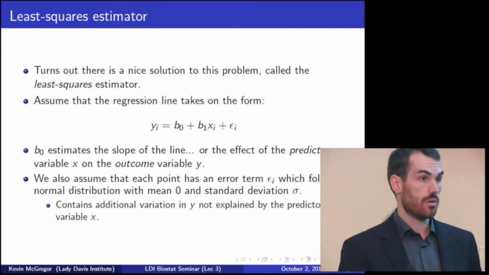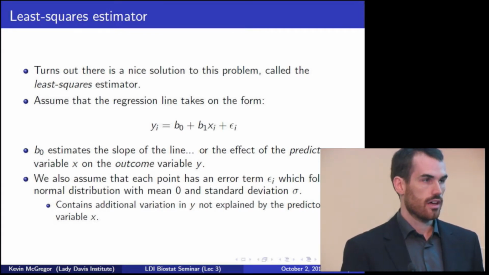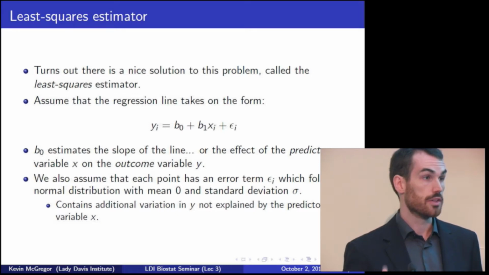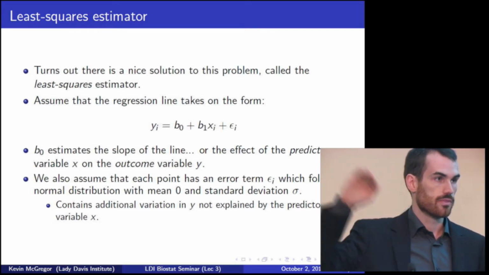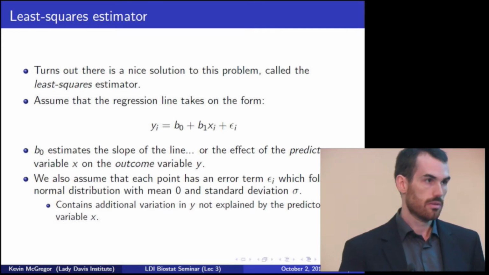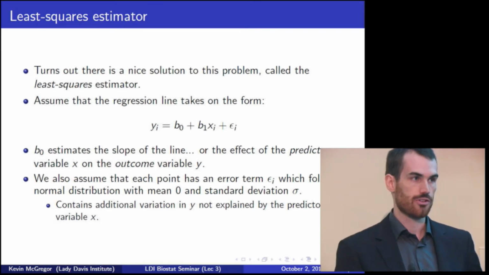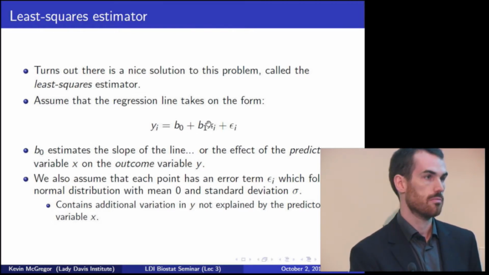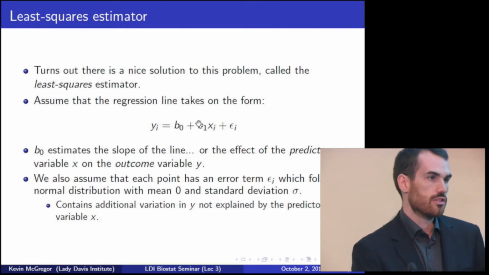Well, if you look on the log scale of your y variable, then increasing your x variable by 1 unit would multiply your y value. So you're going to end up with an exponential relationship. But it's still linear regression. We can still use the same formulas as before to find values of beta 0, b0, and b1, but the actual values are going to turn out to be different.